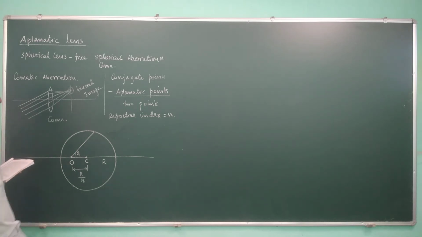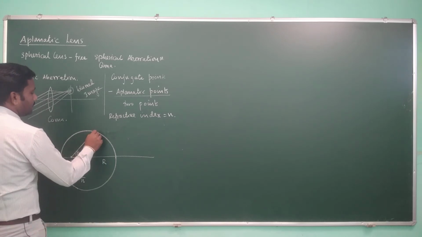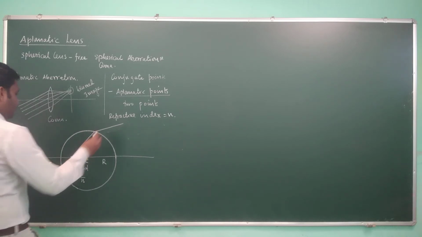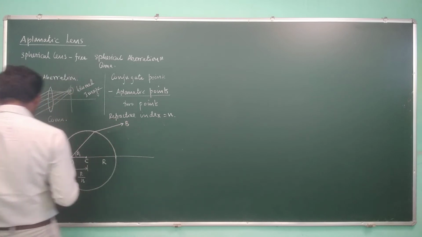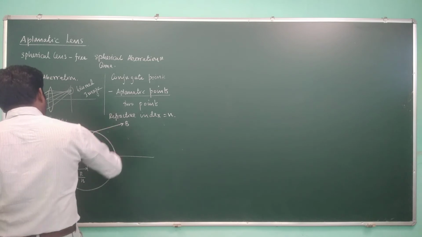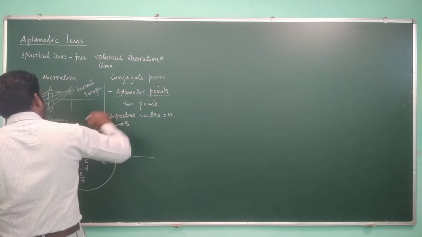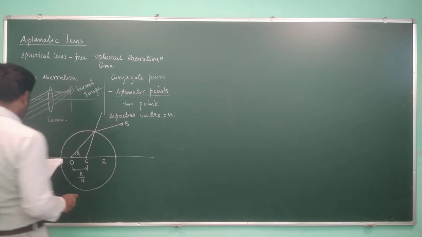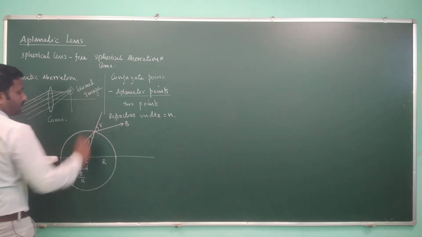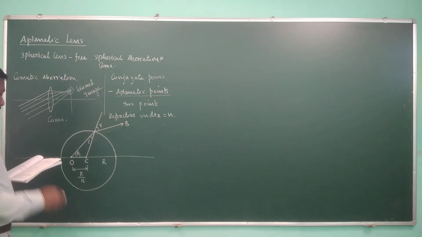After refraction at the surface it bends away and travels towards B. Now let's draw a normal. This angle is the angle of incidence and this angle is the angle of refraction.